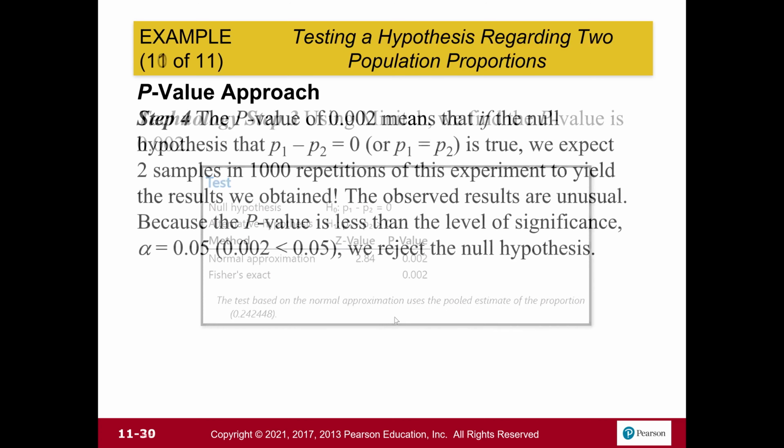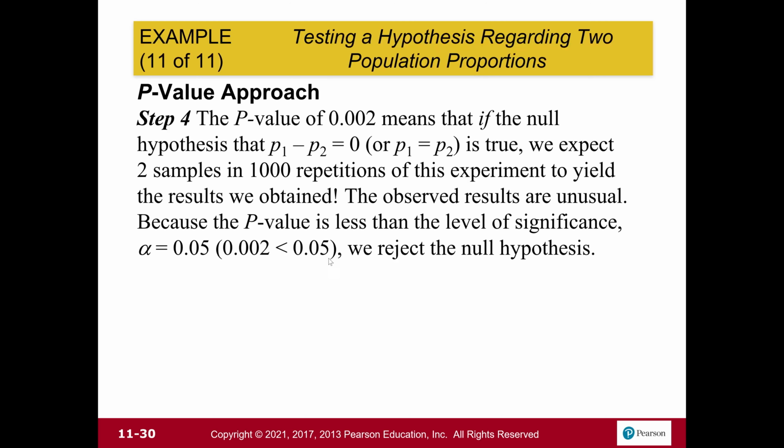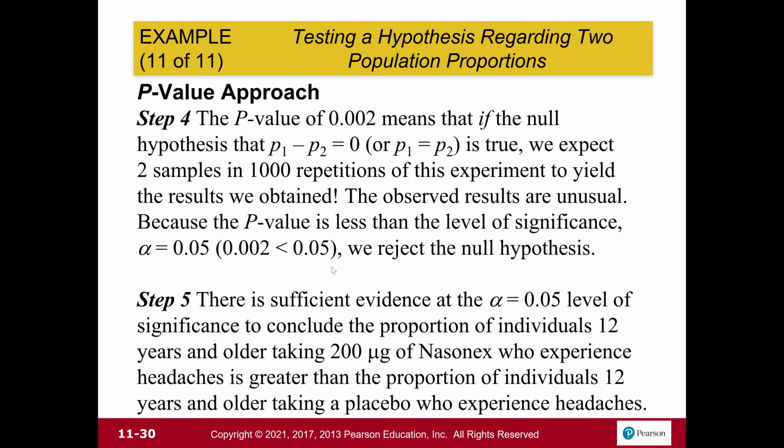So since the p-value is less than 5%, or 0.05, we must reject the null. There is sufficient evidence at the alpha 0.05 level to conclude that the proportion of individuals 12 years or older, taking that 200, I think it's micrograms of that Nasonex, who experienced headaches is greater than the proportion who did not.